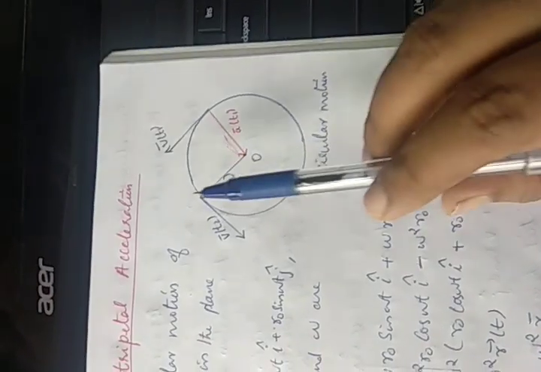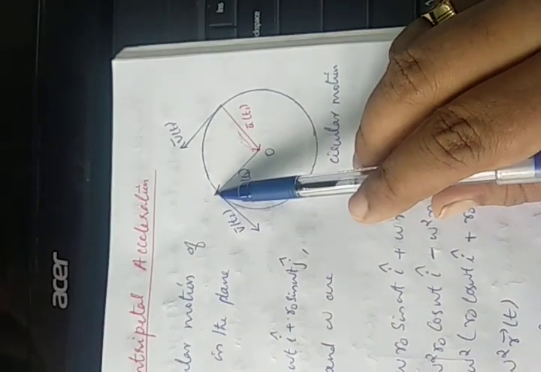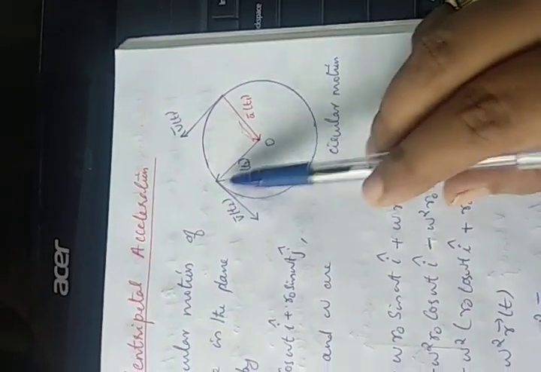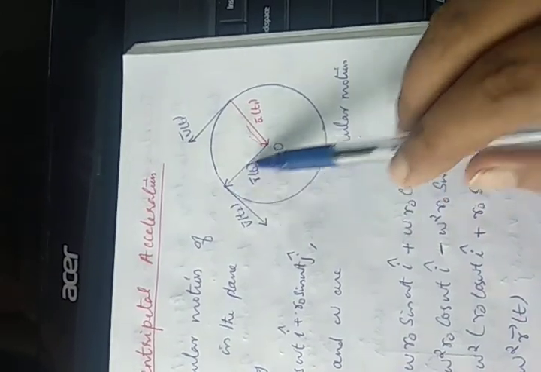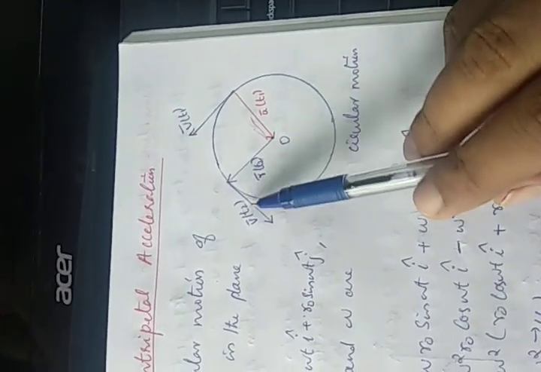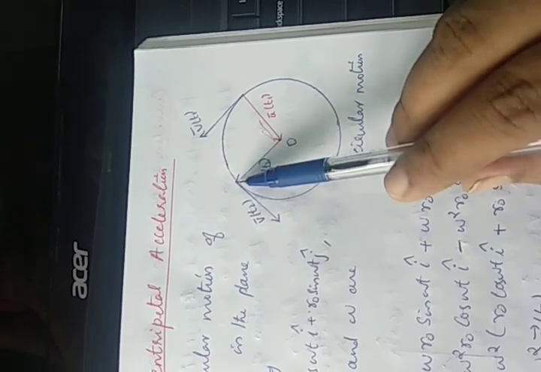In this figure, at t is equal to t2, this is the position vector r of t2, and we know that v of t2 represents the tangent at this vector.